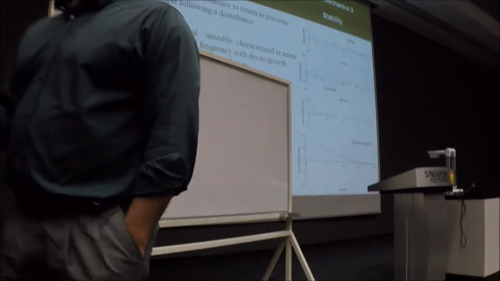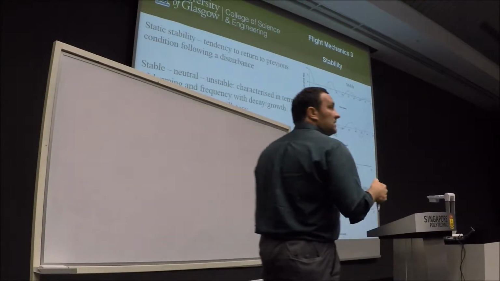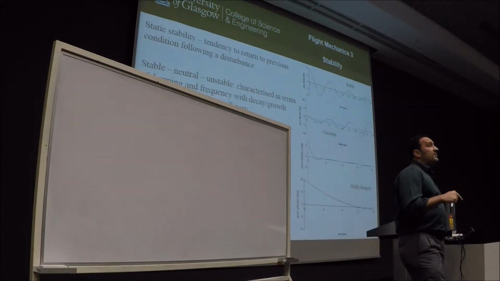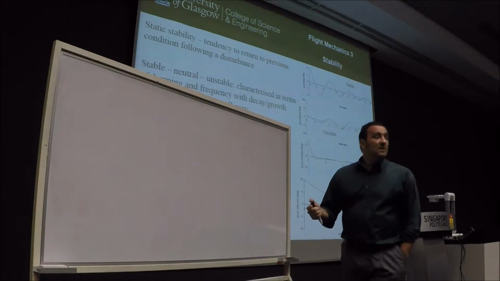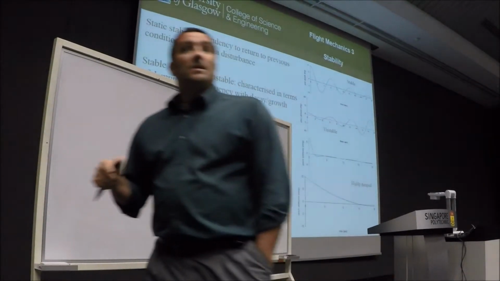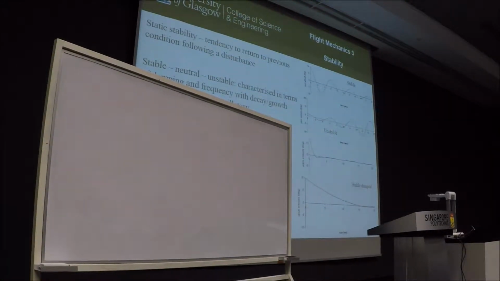Then we have an unstable configuration. That is, following a disturbance, the aircraft will move further away from the equilibrium point. And then we have the case of neutral stability.